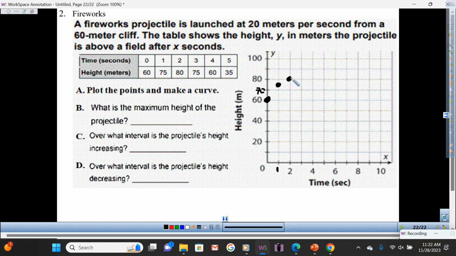And you're doing that on the study guide, right? 375. 460. 535, 5, let's see, 10, 20, 30, 40, 35 is about right there.